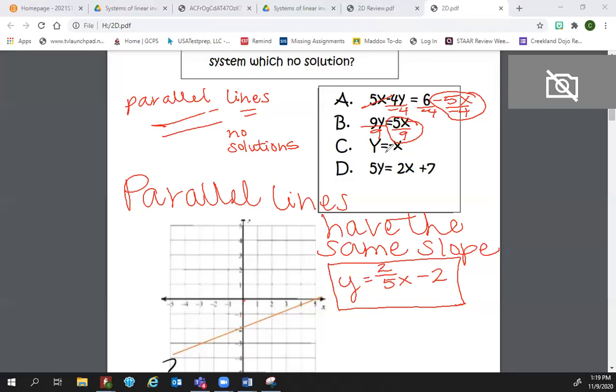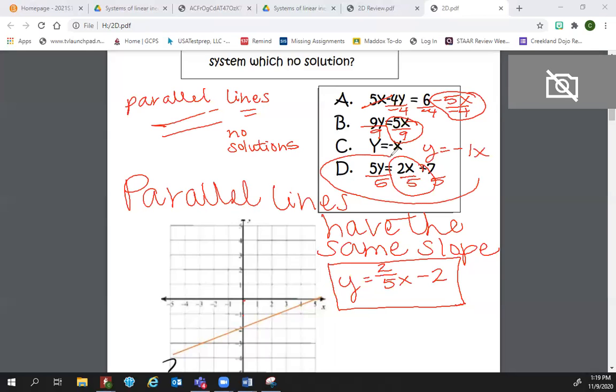The next one, it says y equals -x, which is essentially y equals negative what? 1x. That doesn't match, right? Let's try this one. What do I have to divide by? By 5. Do any of these slopes match? Yes. This one matches. So what's my answer?